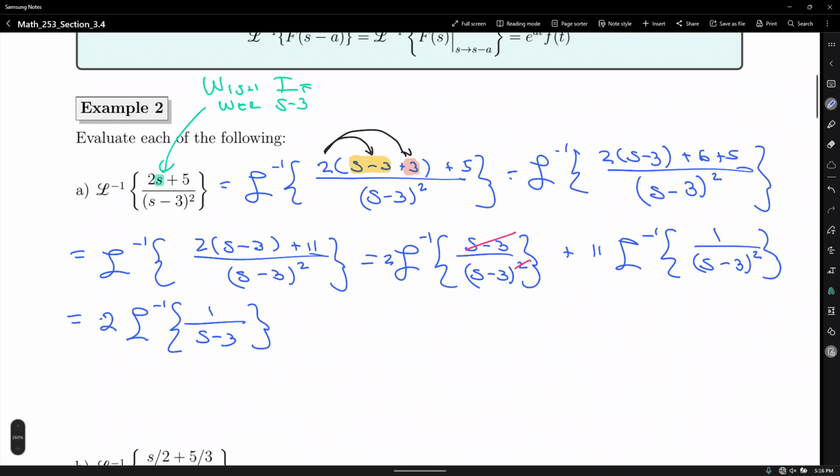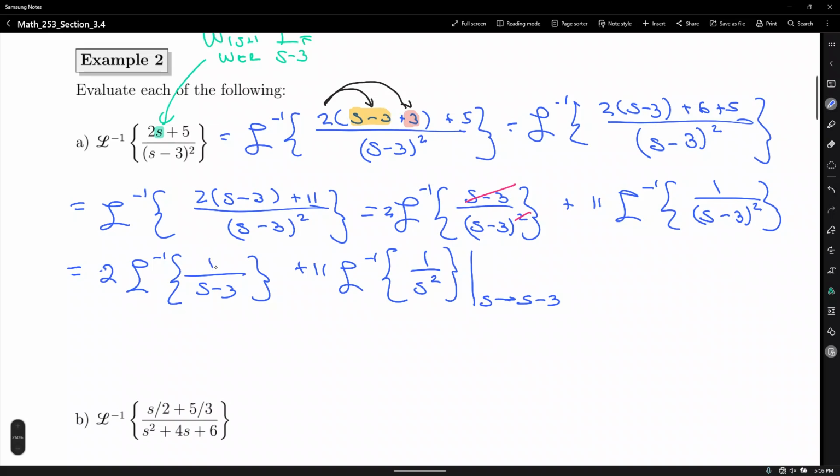Now, for this one right here, I'm going to need to use a translation. So, in this case, that's plus 11 times the inverse transform of 1 over s squared, and once we find the inverse transform, that's going to give us the desired result.